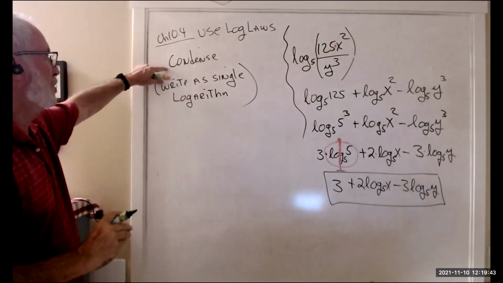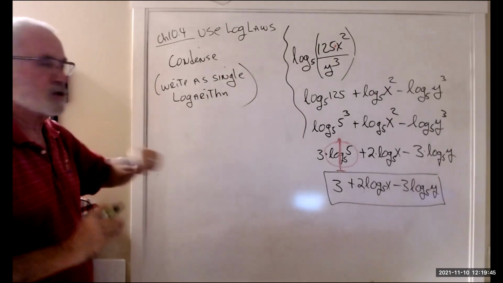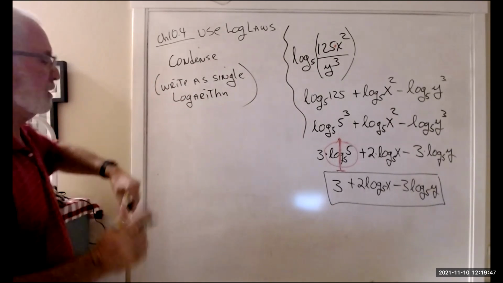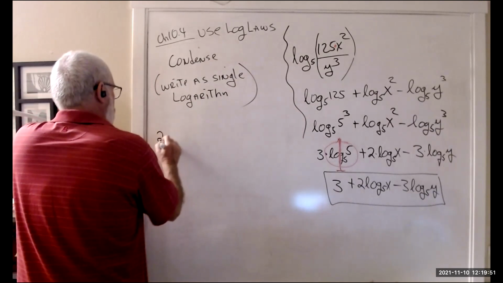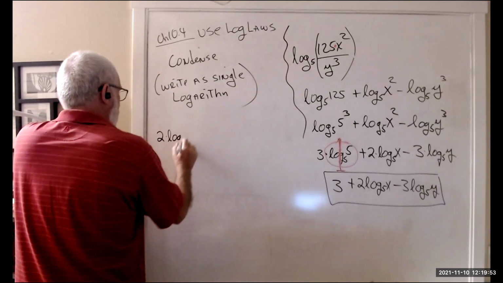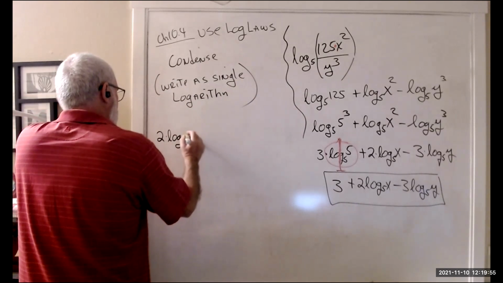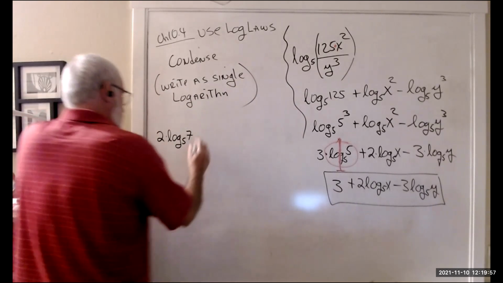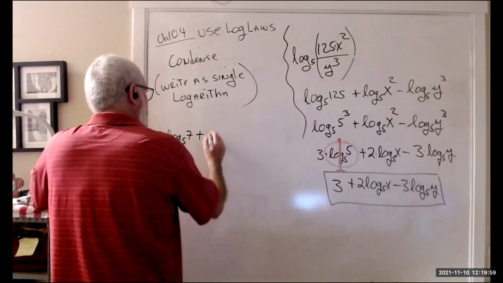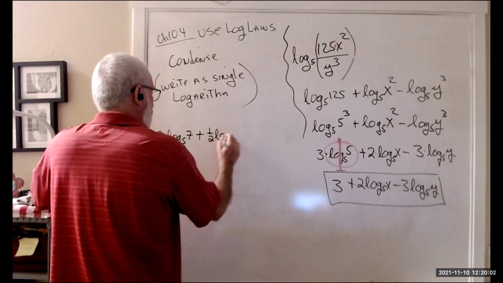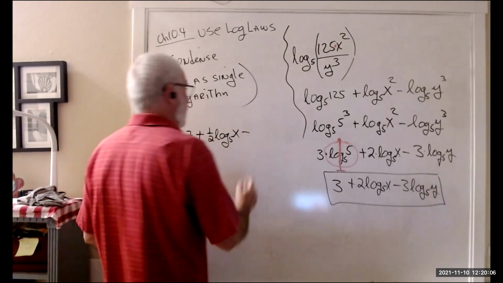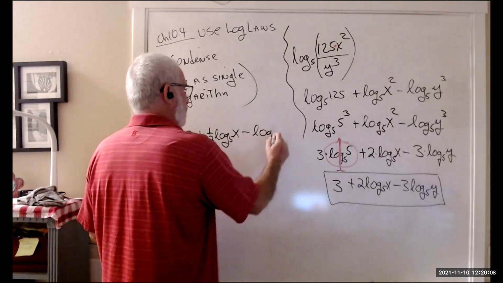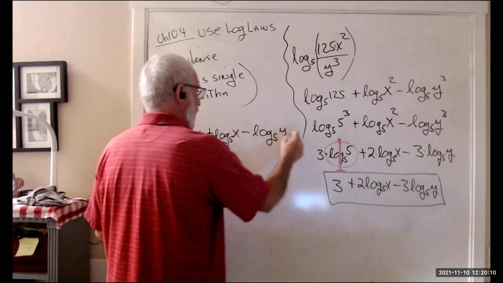Mom says not condense, but write as a single logarithm. Easy example: 2 times the log base 5 of 7 plus 1/2 times the log base 5 of x minus the log base 5 of y.